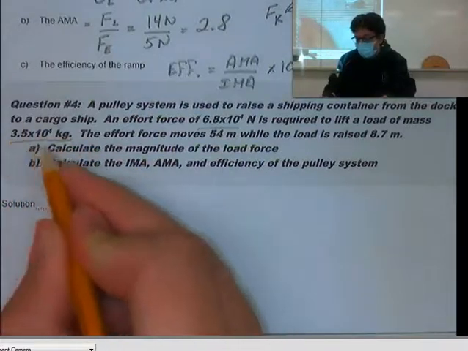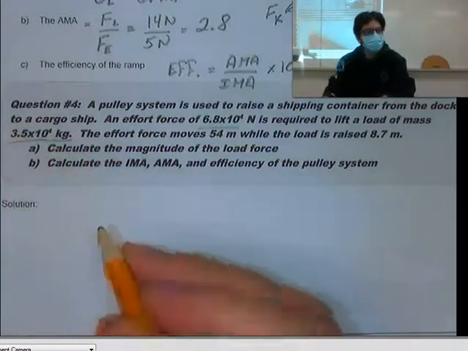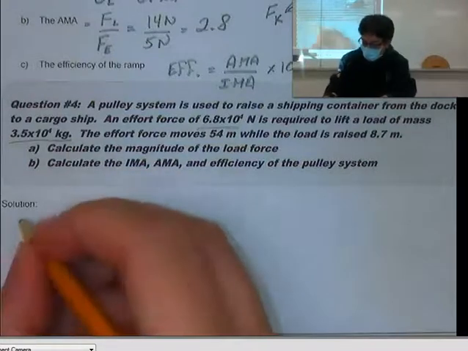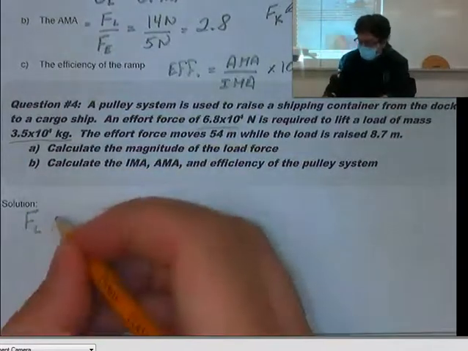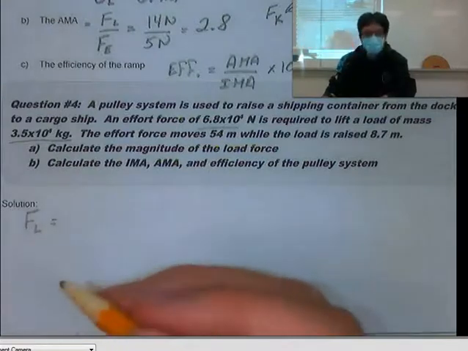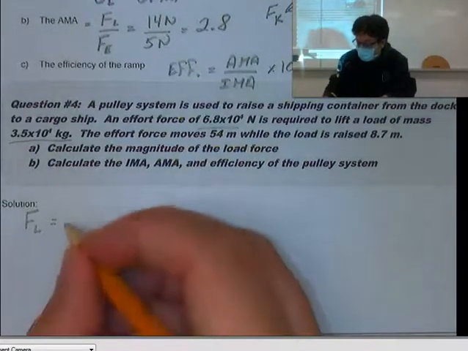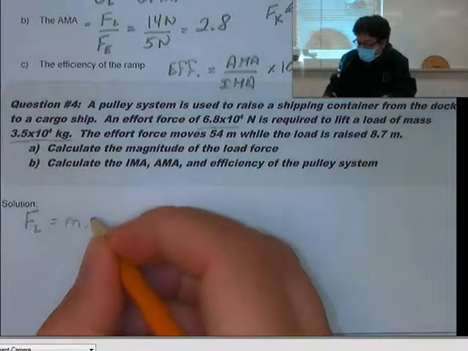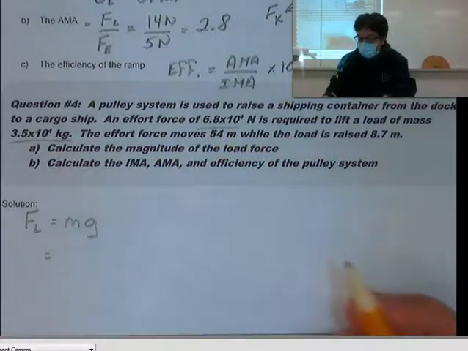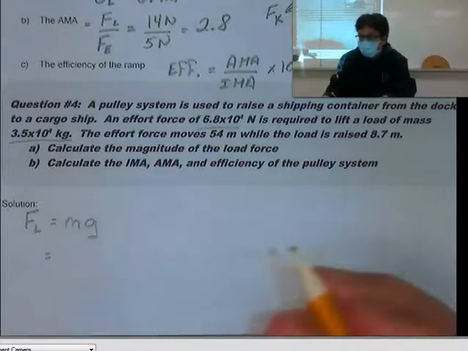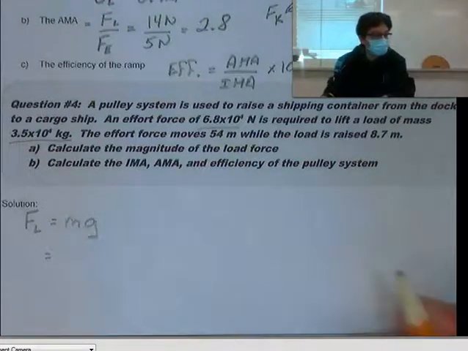This is the load, but that's not your load force. That's simply the mass. If you want to know what your load force is, since we're lifting a certain mass, we are lifting its weight, and the weight is the force of gravity, which is mg. So we'd have to calculate the load force first before we move on to calculate the efficiency.